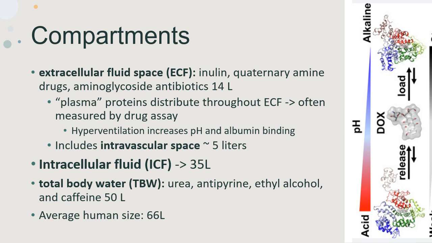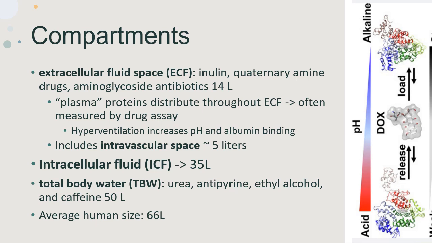Okay, so in the extracellular space, there's also intravascular space, which is just how much blood you have, and that's about 4 to 5 liters, a gallon, not much. Then there's the intracellular fluid, so that's what's inside all of the cells, and we can calculate the total body water.